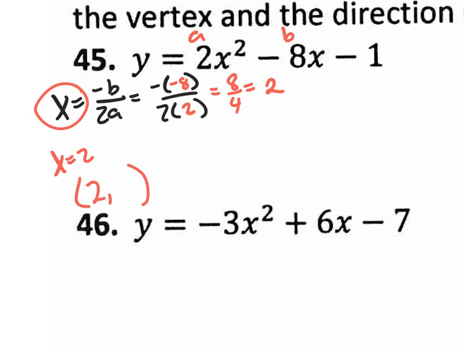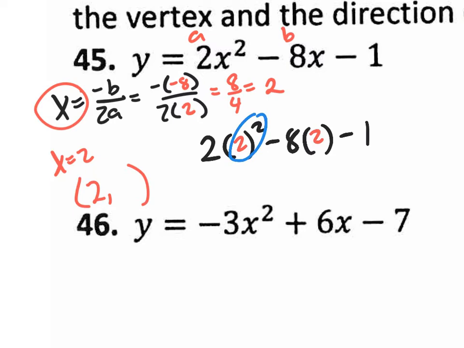You need the y value. So once you have the x and you need the y, all you do is plug in that x value of 2 right here where the x's are at. So let's rewrite that equation. 2x squared minus 8x minus 1. And of course, we're plugging in that x value of 2 that we just found. Let's do the math.